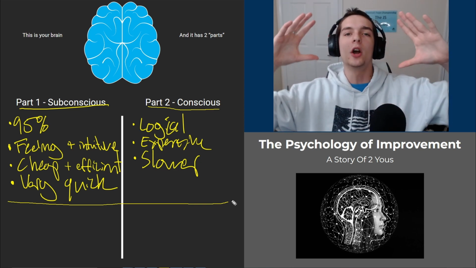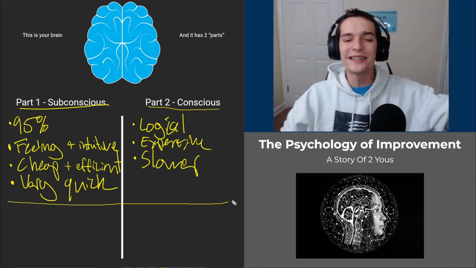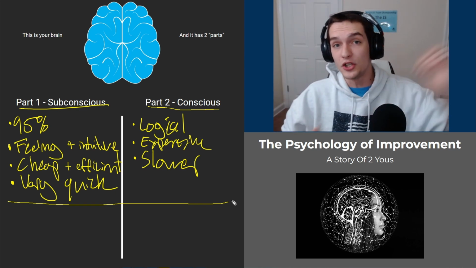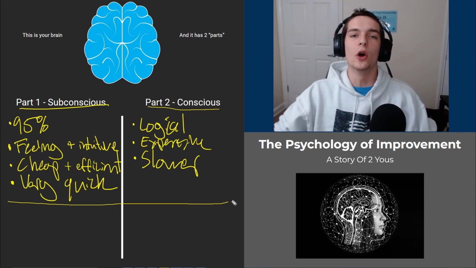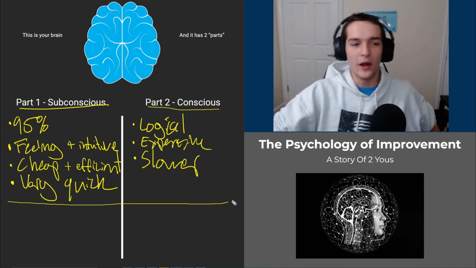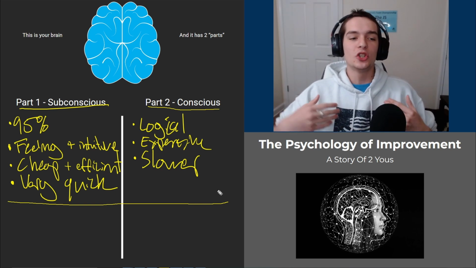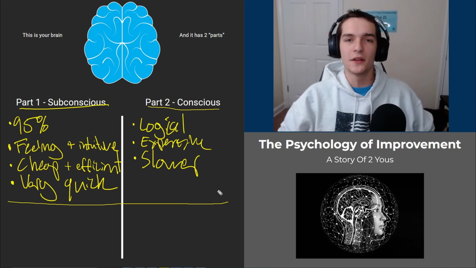There's so much going on all of the time that there's not enough space in your conscious brain and you don't have enough energy in your conscious brain to actually go through it. And it's so slow that even if you could, you wouldn't want to, right? So the goal is to get the whole game to just immediately respond in the subconscious.